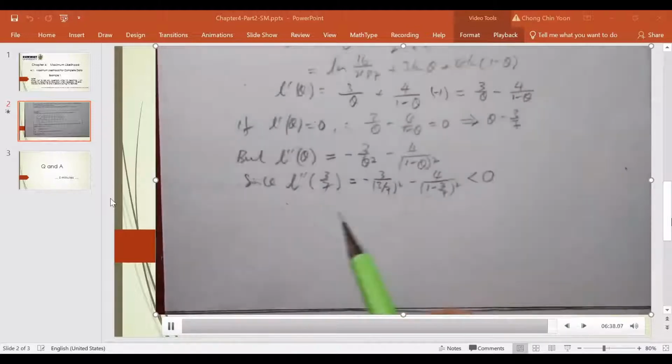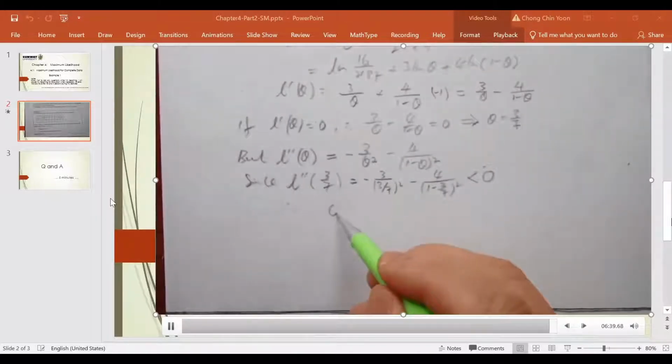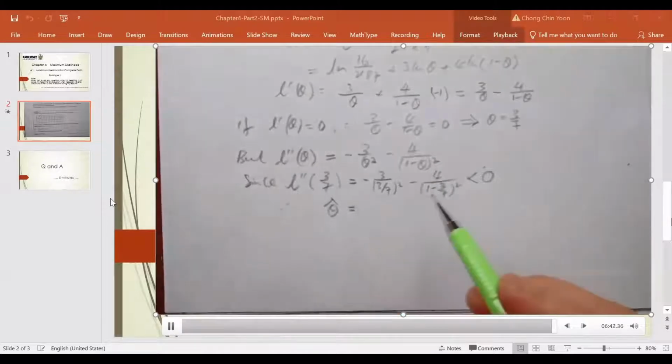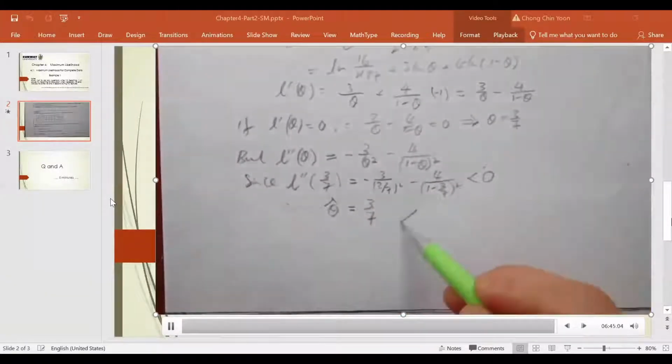Therefore, we found the estimate of theta, which is 3 over 7 under this MLE.